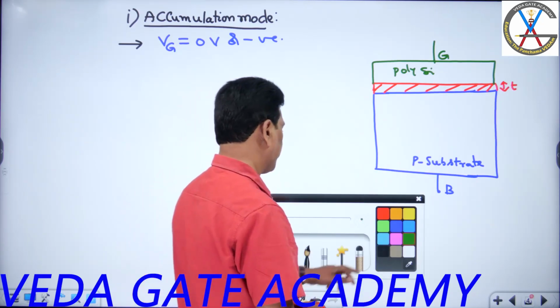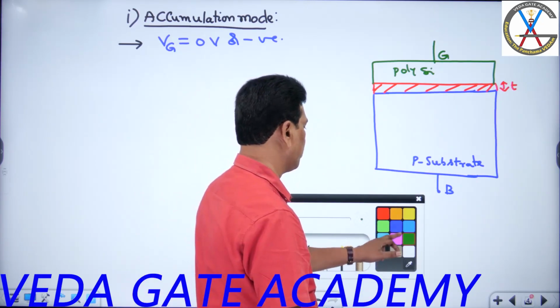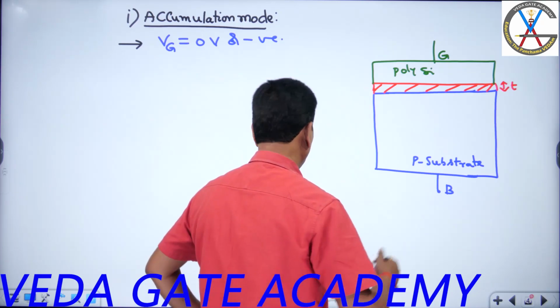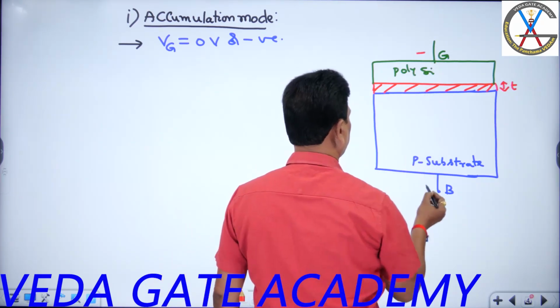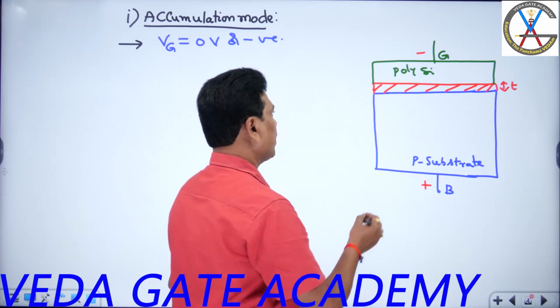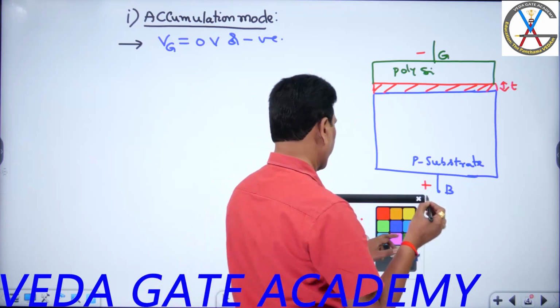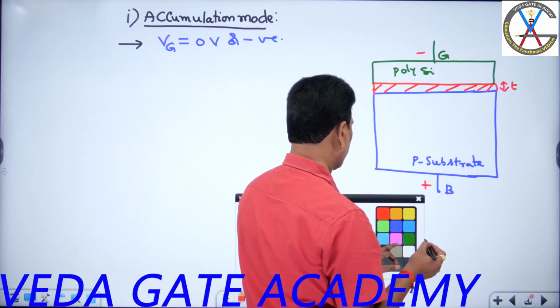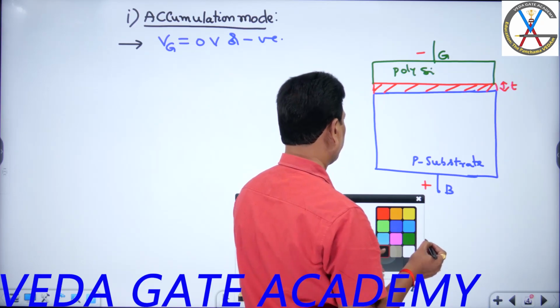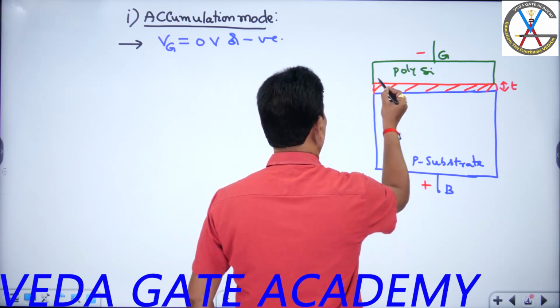Now, the applied gate voltage should be negative; this is positive, I have taken. By that, this surface becomes a negative charge surface.